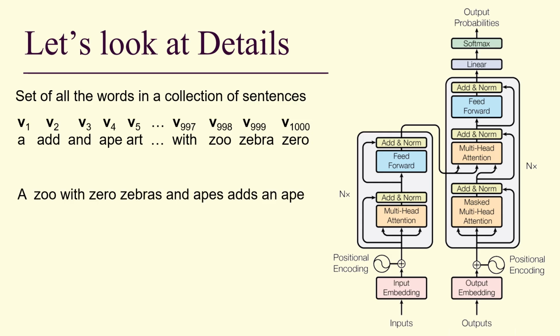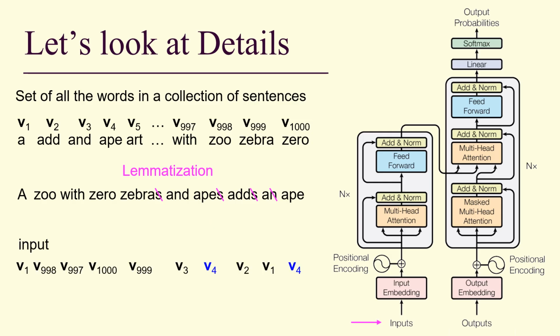So for example, if I've got a zoo with 0 zebras and apes adds an ape, well, the first thing I actually do is called lemmatization. I take all the words back to their root forms. And then I assign one of these V values to each word corresponding to where it occurs in this list. Notice that ape occurs twice, and we have the V4 twice in this sequence of V's.